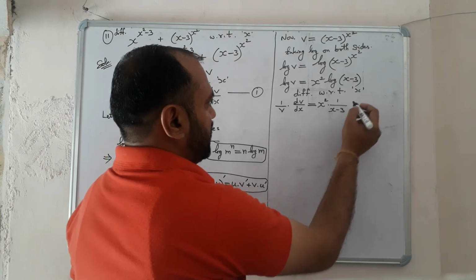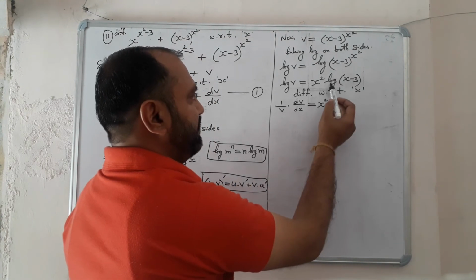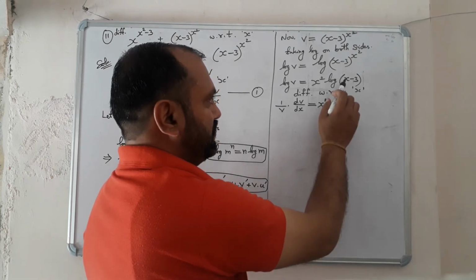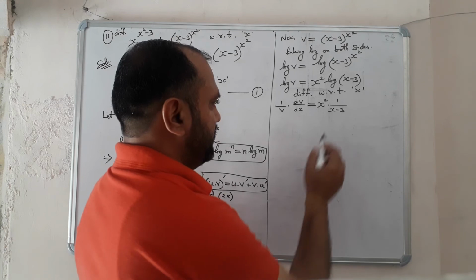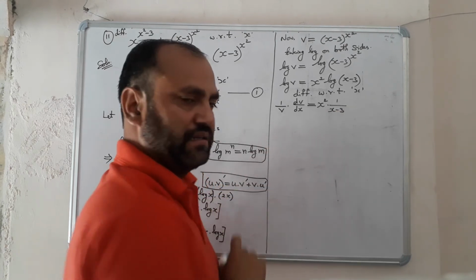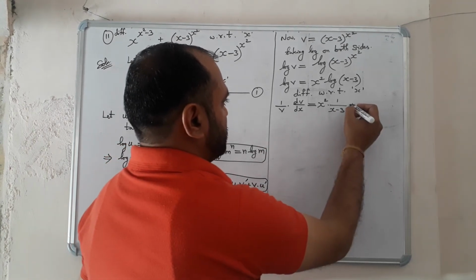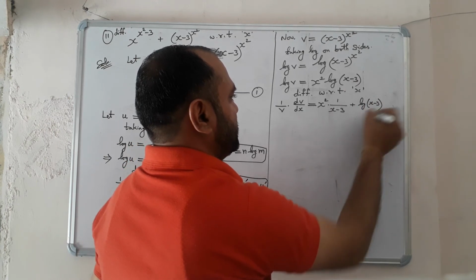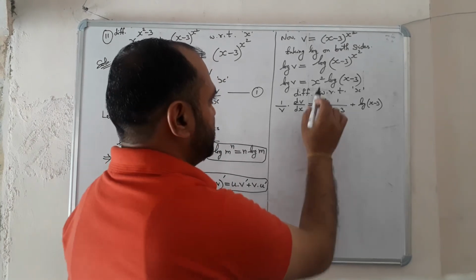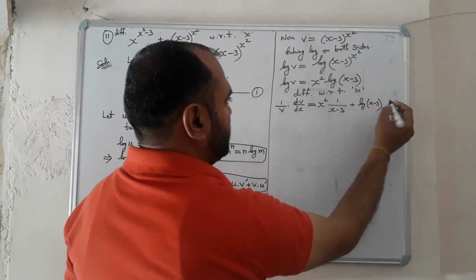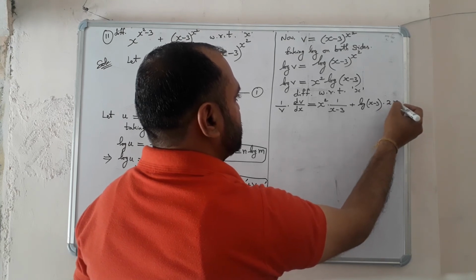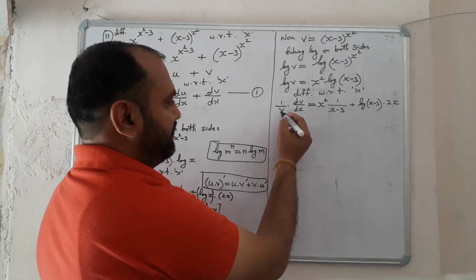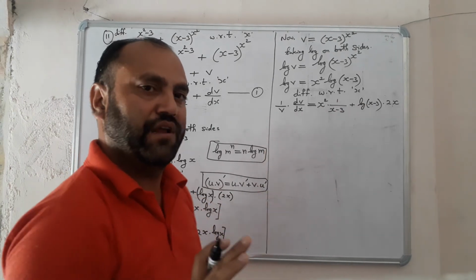So its answer is 1 upon x minus 3. Plus, second as it is, log x minus 3, into the derivative of the first function. The derivative of x square is 2x. Now we shift this v to the right side and put the value of v.